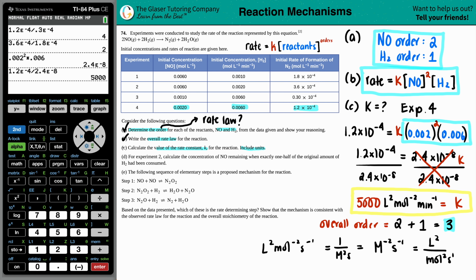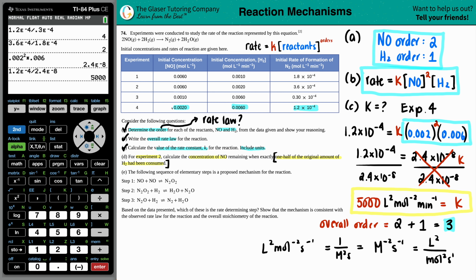Let's see where we're at here. Okay, D. For experiment number 2, calculate the concentration of NO remaining when exactly 1/2 of the original amount of H2 has been consumed. So we have to go to experiment 2.